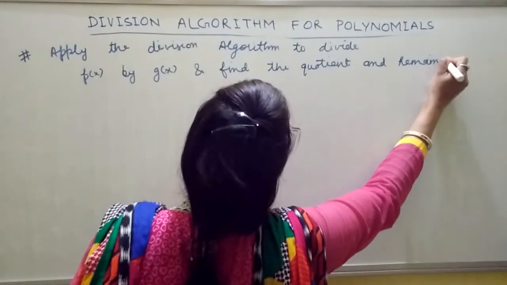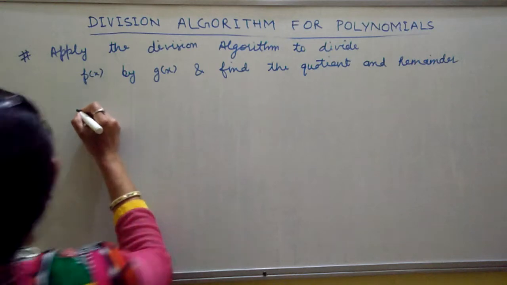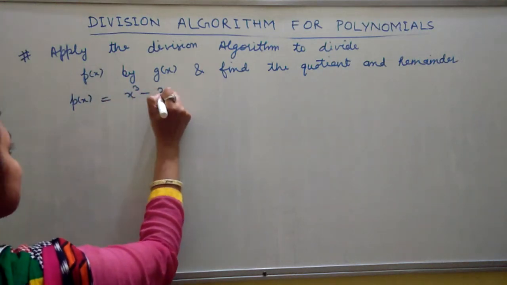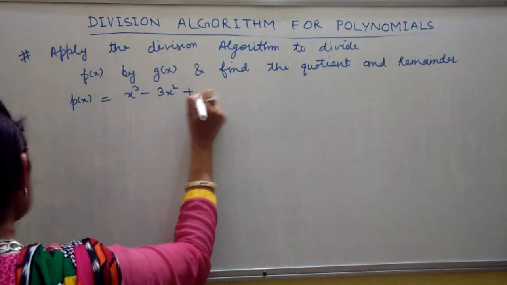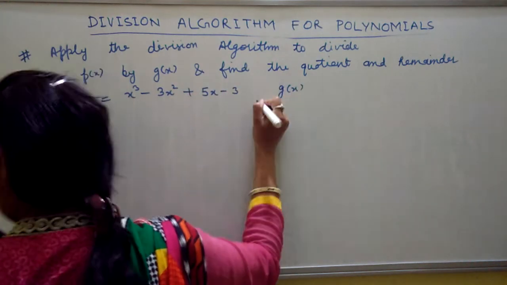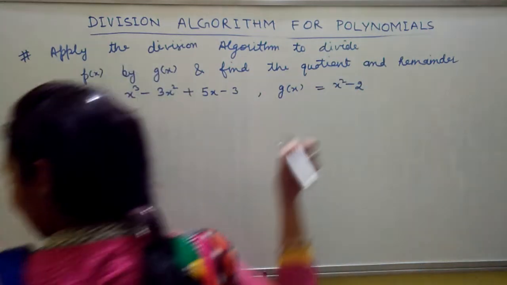P(x) is x cube minus 3x square plus 5x minus 3, and G(x) is x square minus 2. So this is the question.